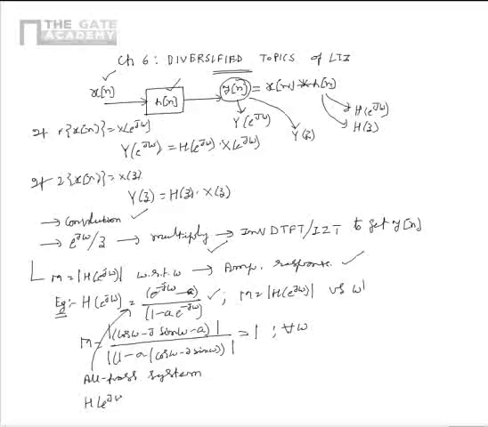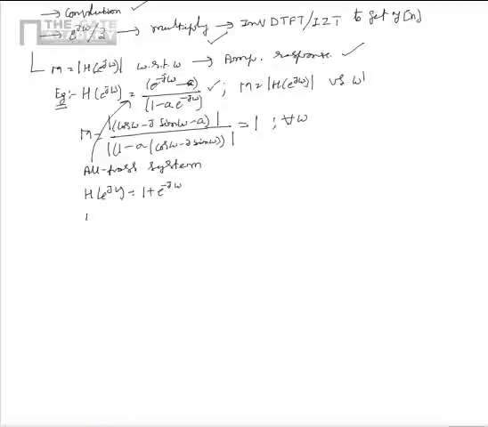Now let us consider another example in which H of e power j omega is given as 1 plus e power minus j omega. Here we see that M is equal to abs of H of e power j omega. Upon substituting e power minus j omega equal to cos omega minus j sin omega, we see that M is equal to square root of (1 plus cos omega) whole square plus (sin omega) whole square.